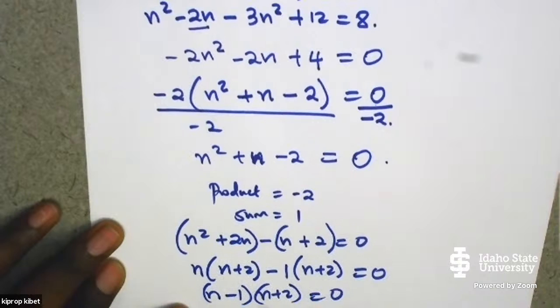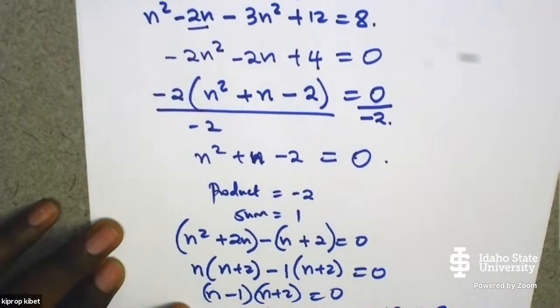Using the zero product property, n minus 1 equals 0, n plus 2 equals what? Equals 0. So our n here equals 1. We take this to the other side. Now n here equals minus 2.